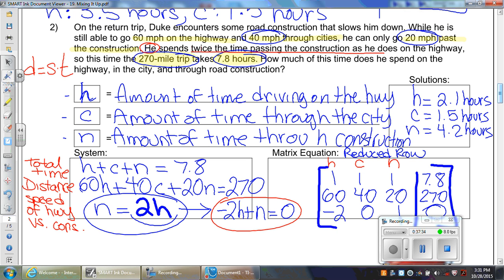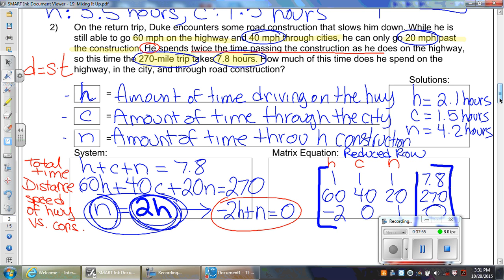But if you think about it, it says twice the time as he does on the highway. So maybe the sentence is not worded very well, but twice the time on the highway, 2 times the amount on the highway, is equal to the amount of time driving through construction.